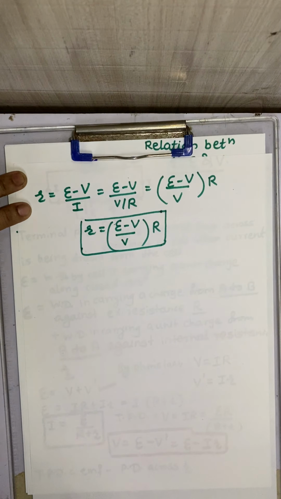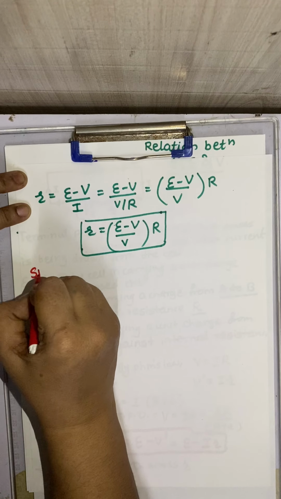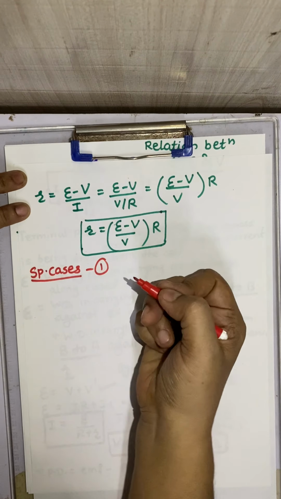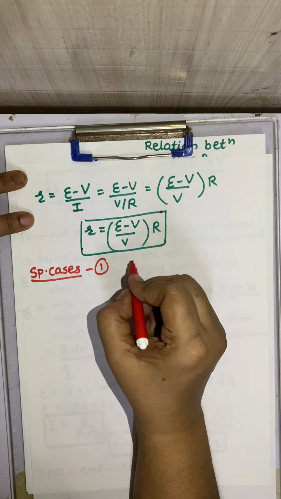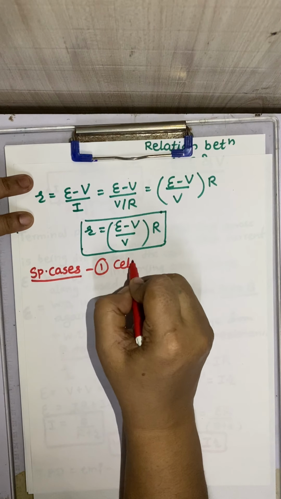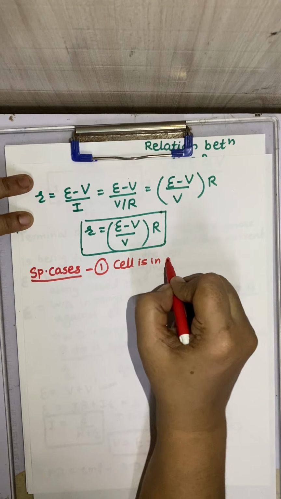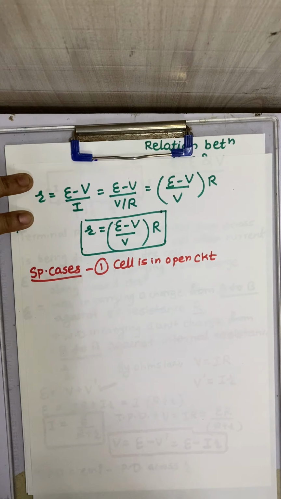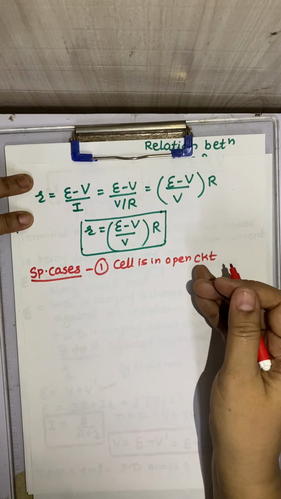Now we are going to discuss the different cases. I'll mention here the special cases. The first case is when the cell is in open circuit. Cell in open circuit means the cell is not sending current, the circuit is open.